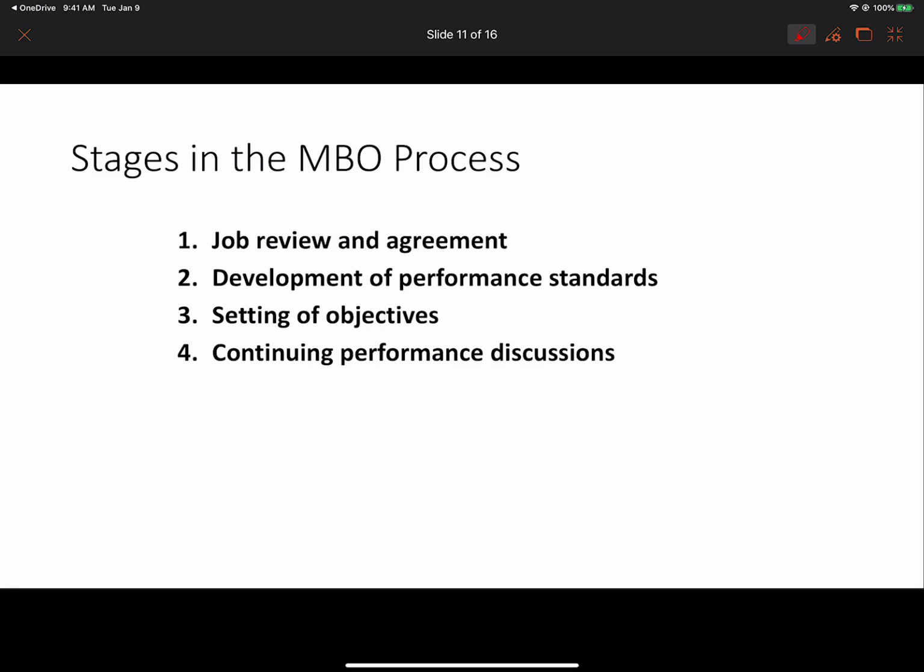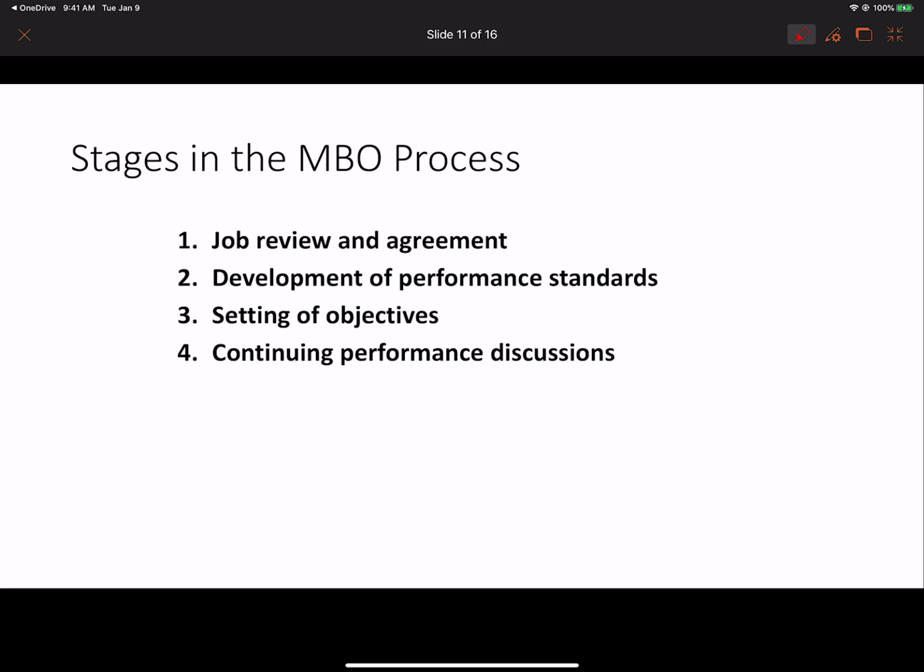You have development of performance standards, and these are the expectations of how the person is supposed to accomplish those objectives. You have setting the objectives, and normally that goes at the very beginning, where you will, along the way, develop milestones that you need to accomplish on your way to obtaining that overall objective.